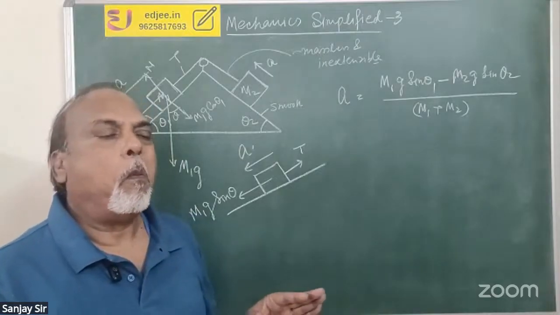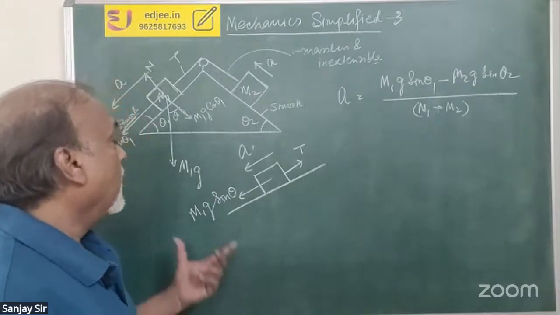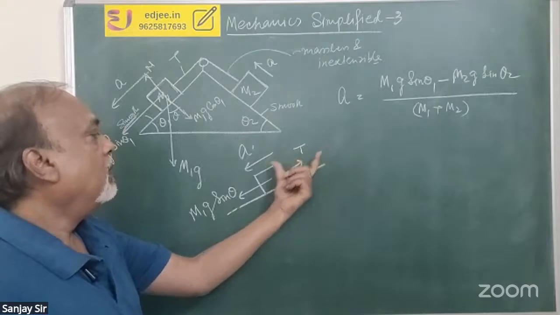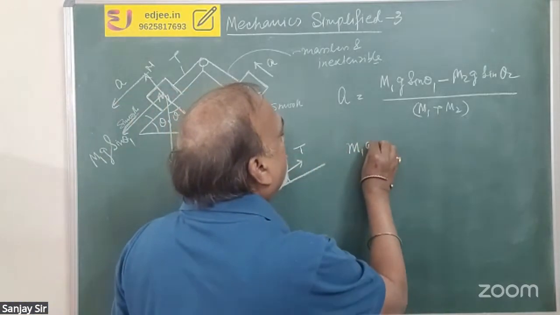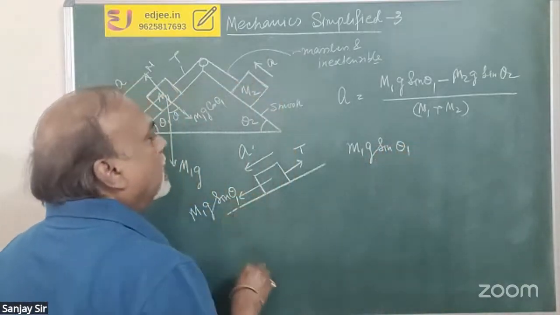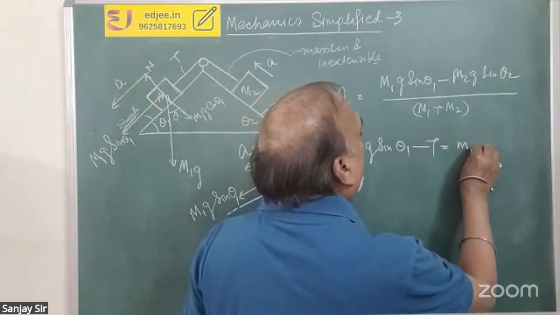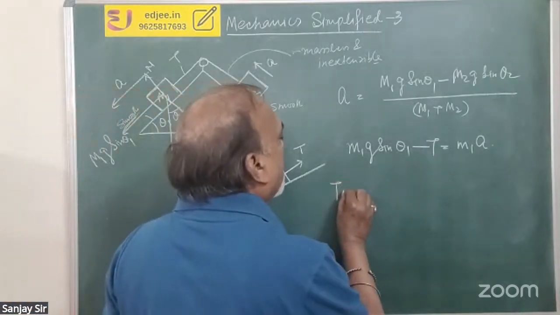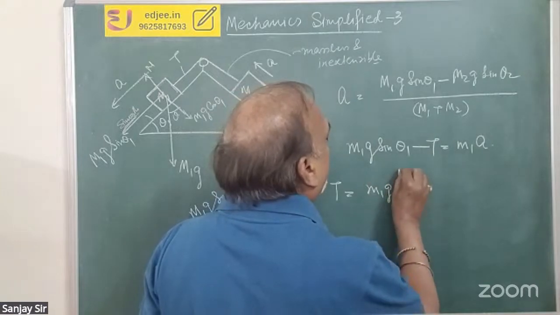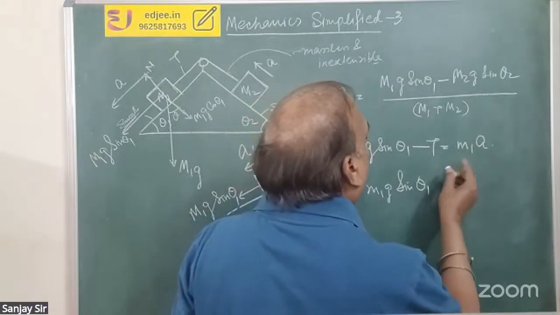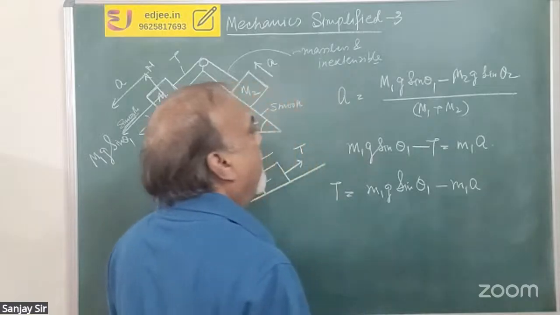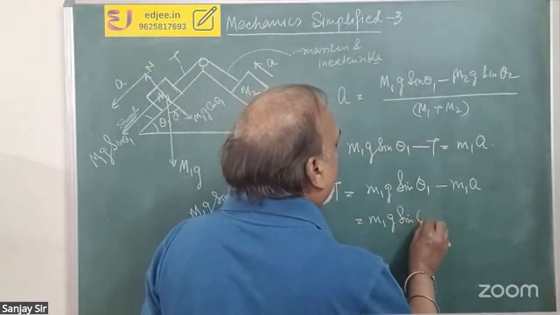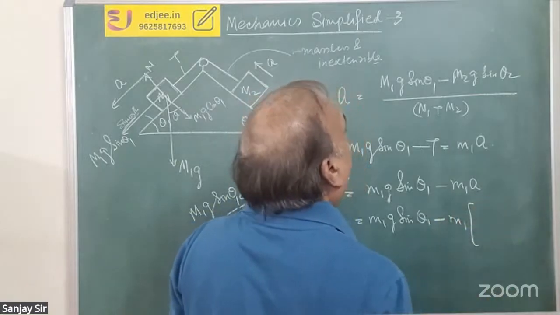Naturally, this block is coming down, so this force is greater than your tension T. That means M1 G sine theta 1 minus T must be equal to M1 A. So T is nothing but M1 G sine theta 1 minus M1 A, putting in the A value.